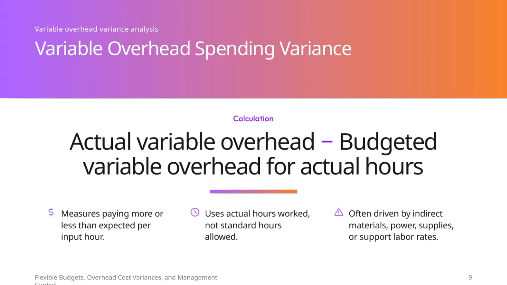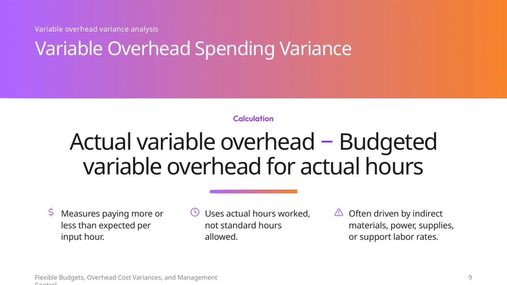Now, let's focus on variable overhead variance analysis, starting with the variable overhead spending variance. This variance measures how much more or less we paid compared to what we expected for each input hour. It's important to note that this calculation uses actual hours worked rather than the standard hours allowed for production.